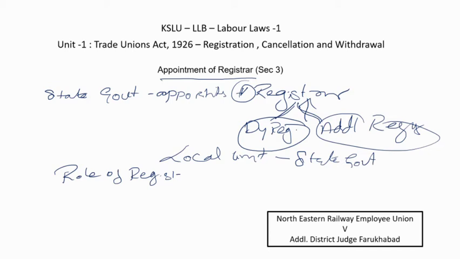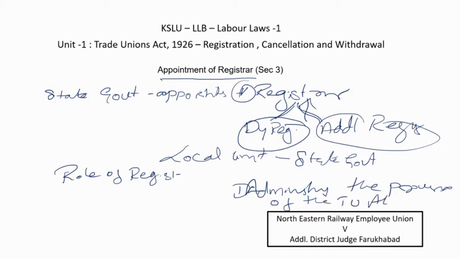So the registrars are empowered to administer the provisions of the Trade Union Act, and this was discussed in the case of Northeastern Railway Employee Union versus Additional District Judge Farrukhabad.